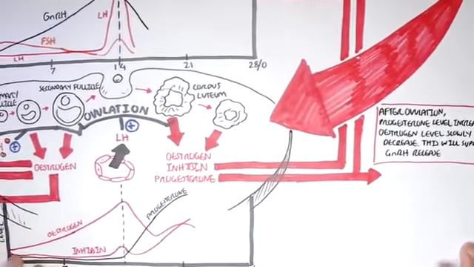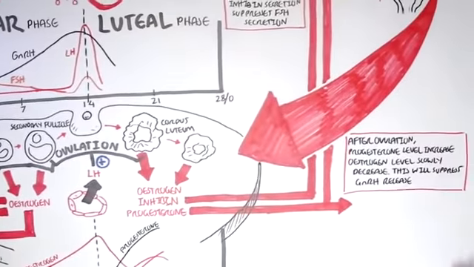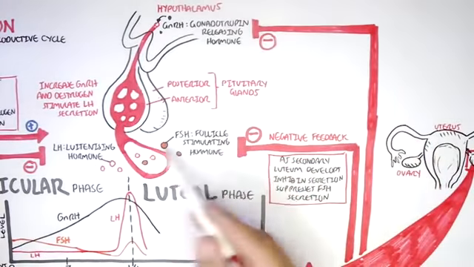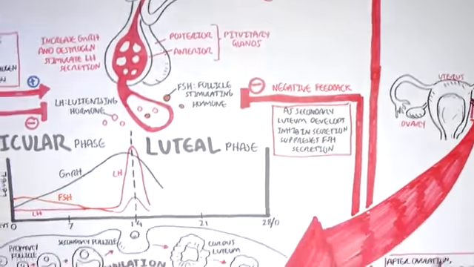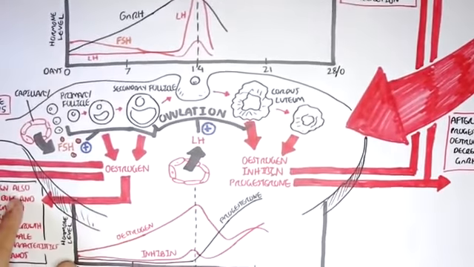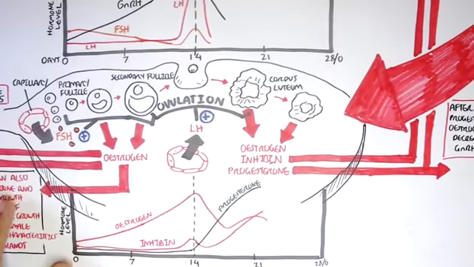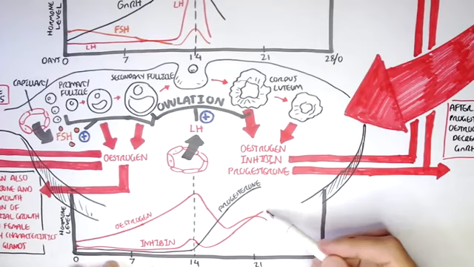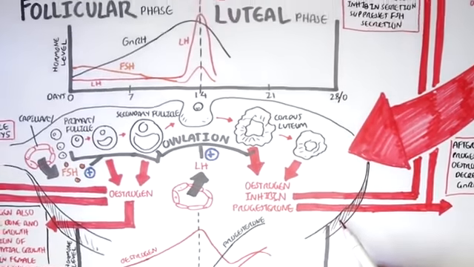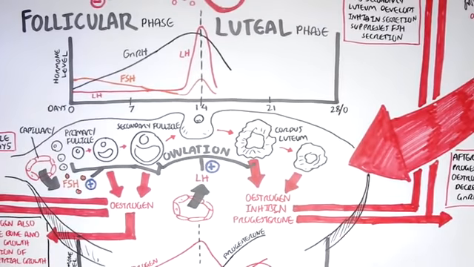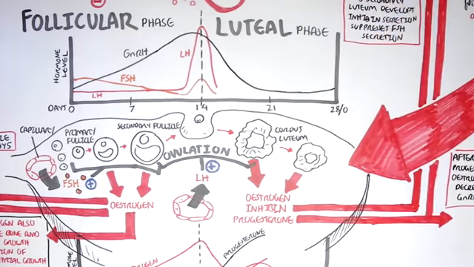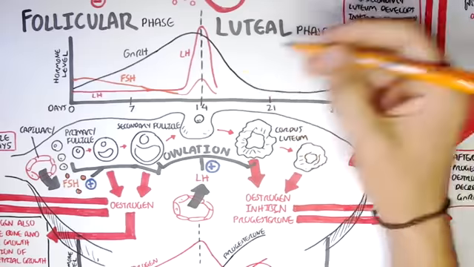And so progesterone will inhibit gonadotropin-releasing hormone release, which will also affect the release of luteinizing hormone and follicle stimulating hormone. So during the luteal phase, as progesterone and inhibin increase, this will cause a decrease in gonadotropin-releasing hormone, luteinizing hormone, and follicle stimulating hormone.